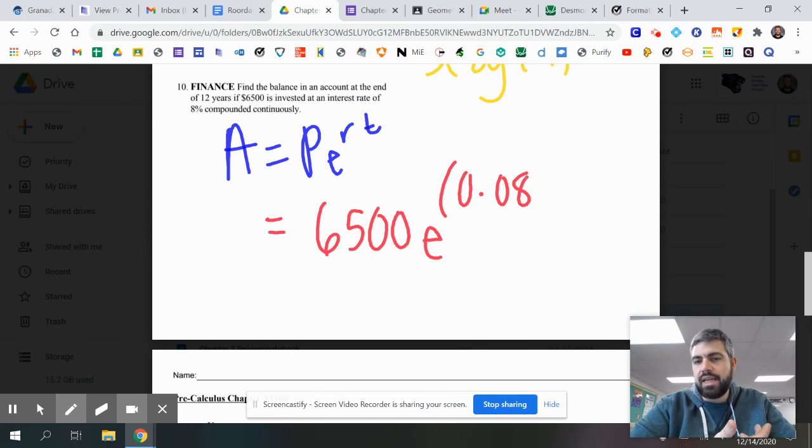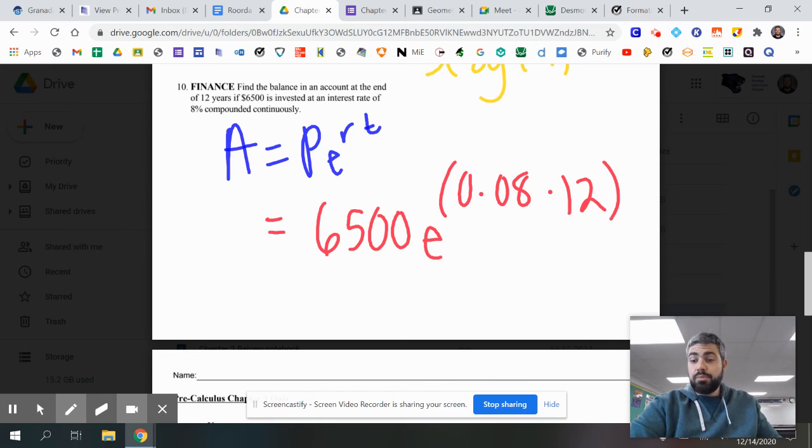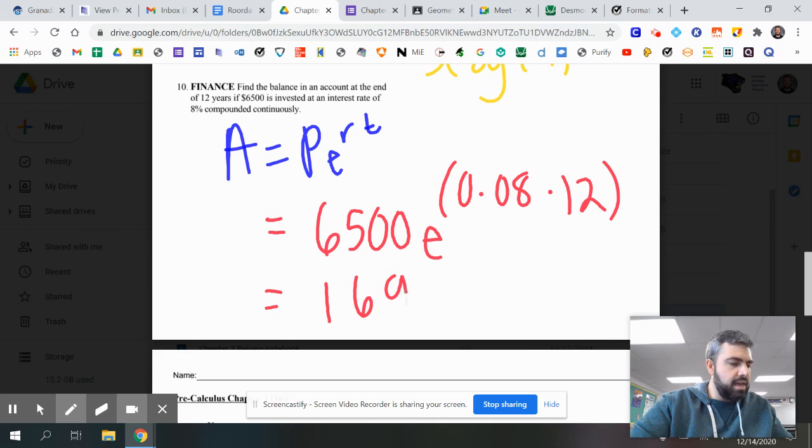So 8 divided by 100 is 8 hundredths, or 0.08, times the number of years, which is 12. I can just put this in my calculator. When I do that, 6,500 e to the power of 0.08 times 12, I end up getting 16,976.03 because we round to the nearest penny.